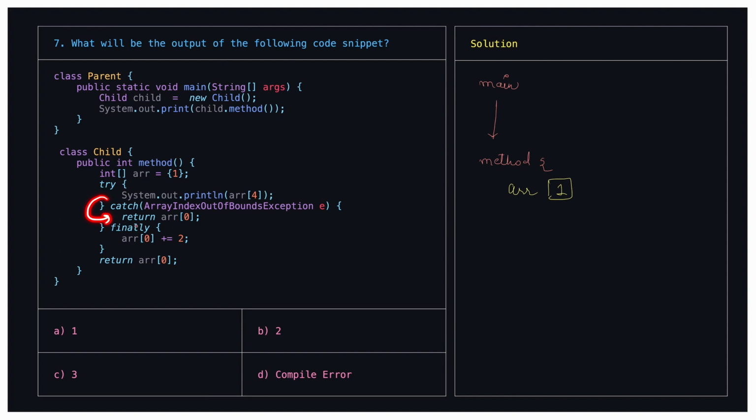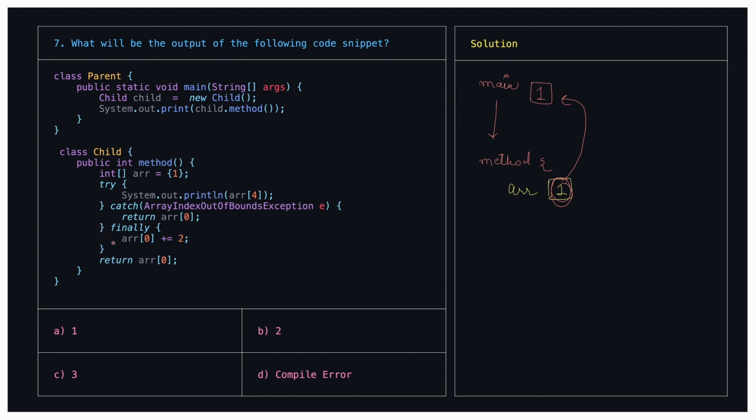Now catch says return ARR 0. What is ARR 0? It will go to ARR 0, the value is 1 and the value will get returned. Now we'll see if the method execution has been completed. Is there any finally block?